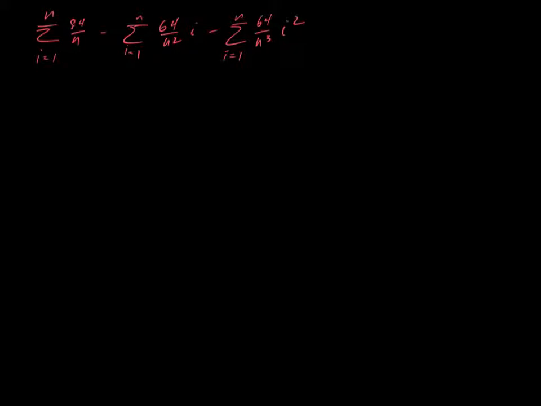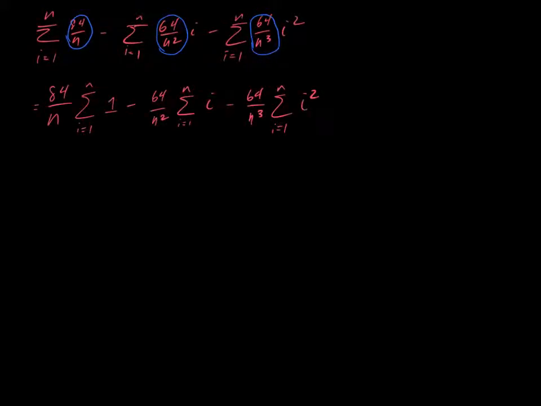So we are allowed to take this 84 over n and this 64 over n squared and this 64 over n cubed and take it right outside of the sum, out to the front. So it'll look something like this. Here you go. You can see that these constants have been factored out of the summations.